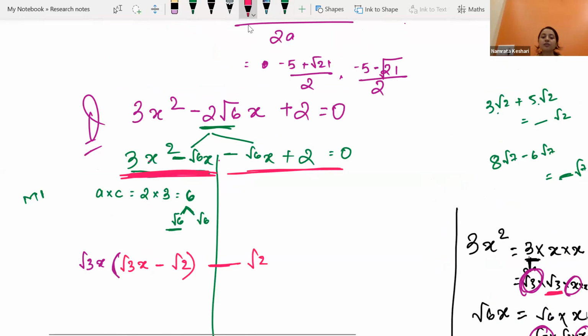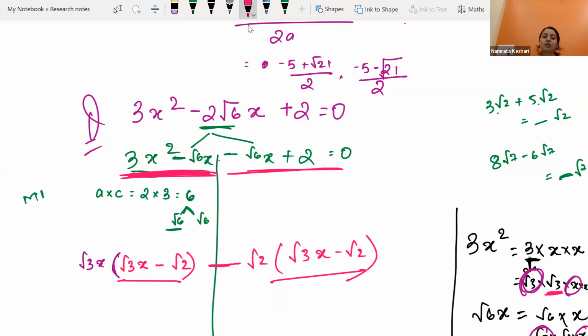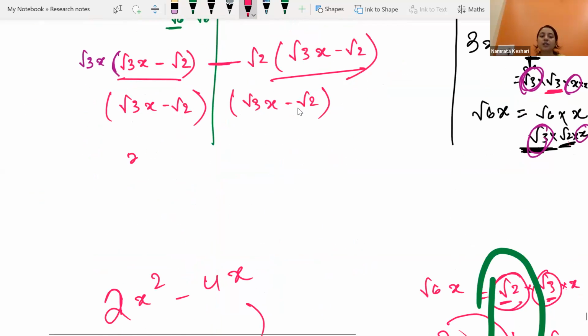And we are left with root 3x minus root 2. This bracket and that bracket became the same. We are having root 3x minus root 2 and root 3x minus root 2. From here, x we will be able to find very easily. X will be root 2 by root 3, and here also the same, root 2 by root 3.